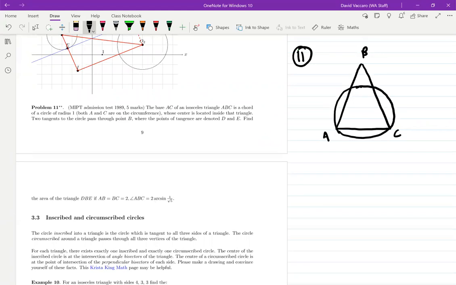Two tangents to the circle pass through the point B, where the points of the tangents are denoted as D and E. Okay, so we've got tangents going through B at D and E.